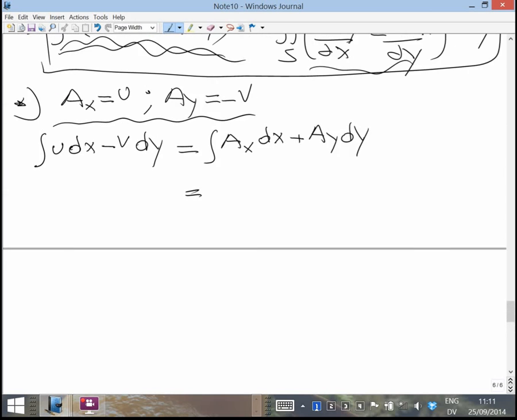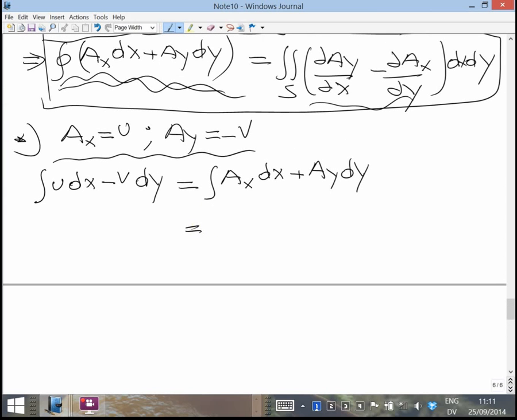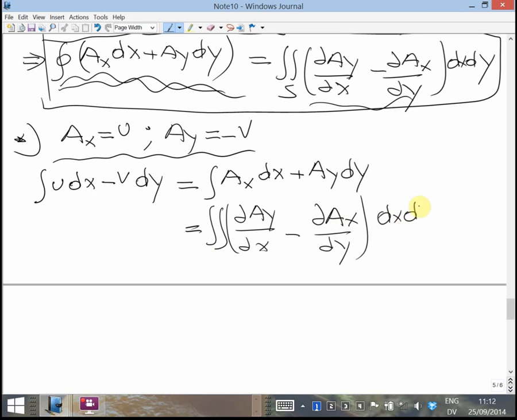Our little extra result that we derived from Stokes tells us that this is equal now to a surface integral. I just copy and paste from what I have up here: d ay/dx minus d ax/dy, dx dy. If I now go back to my u's and my v's, I get d, okay, ay is minus v, so minus dv/dx.